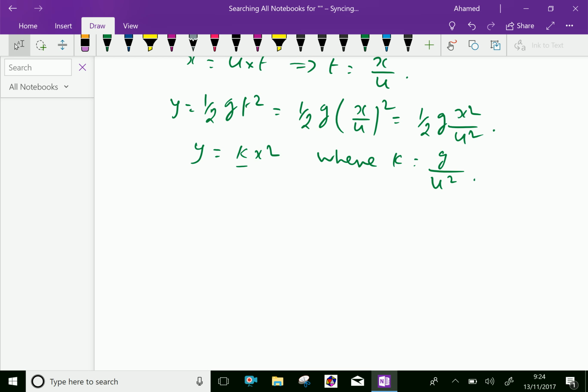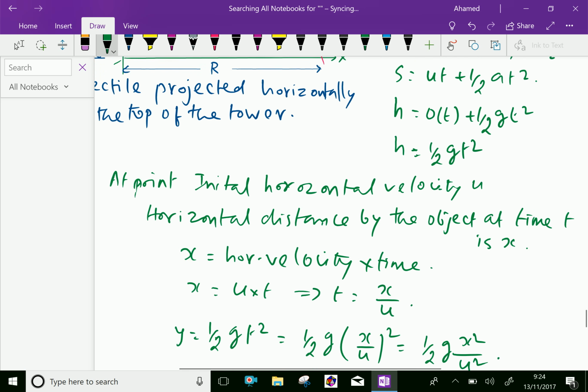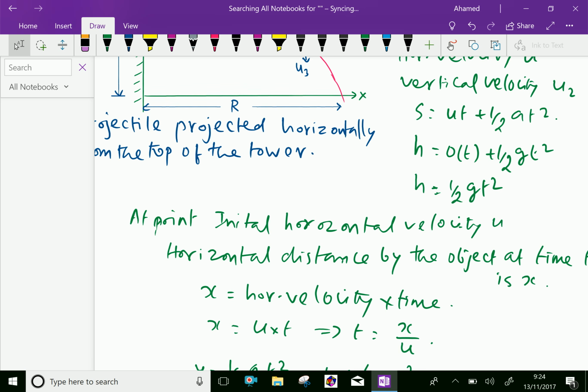This equation, y equals k x square, is the equation of a parabola. That means the path of a projectile is a parabola.